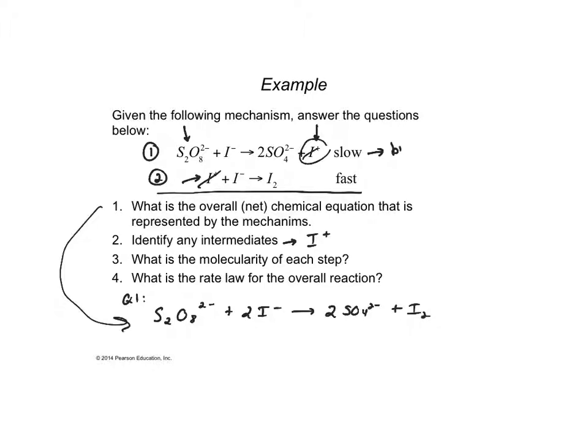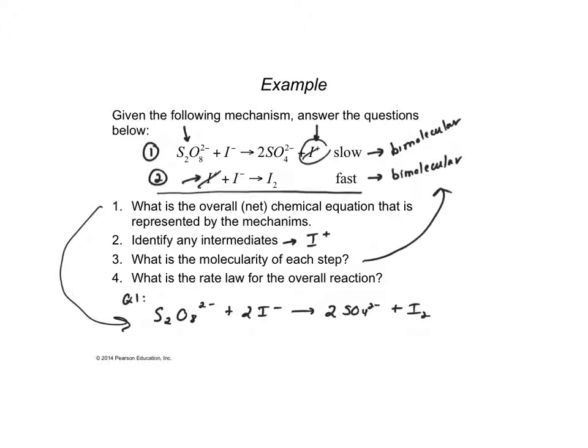Because I have one thing colliding with another, first order with respect to both. So this is bimolecular. What about the second step? It's also bimolecular, right? I have an intermediate colliding with one of our reactants to form our product. So both of these guys are bimolecular. So this is the answer here.